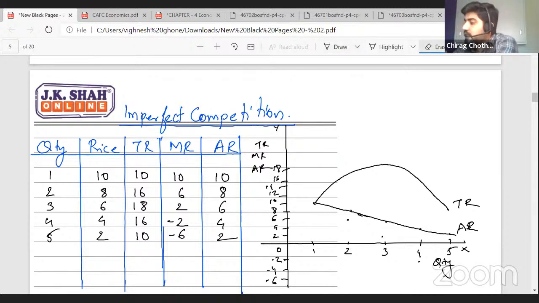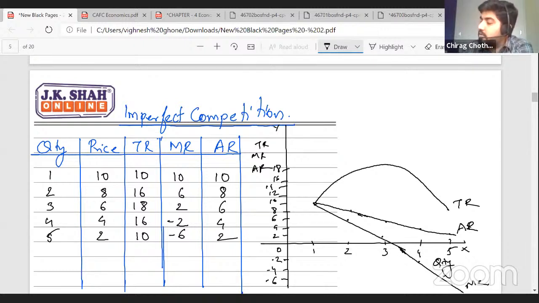Let me just draw it again, students, which is very precise so that you understand this nicely. So this is our MR. Okay, when TR is maximum, MR is 0, right? So this is our MR curve, AR curve, and TR curve in case of imperfect competition.